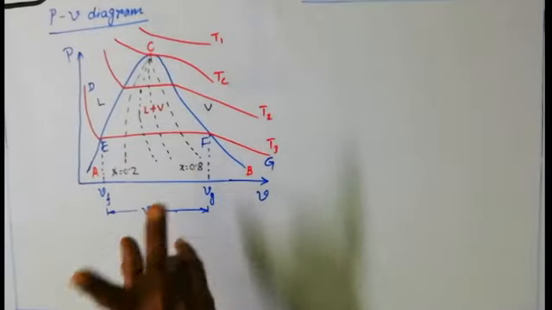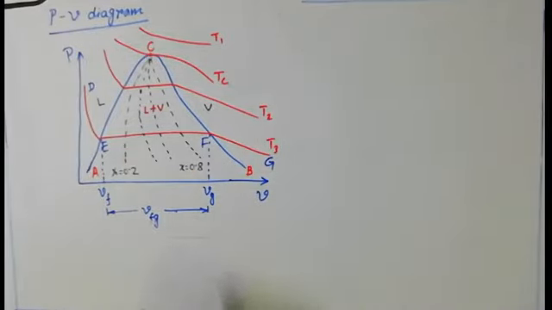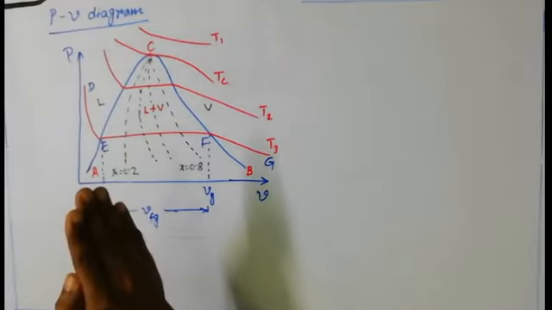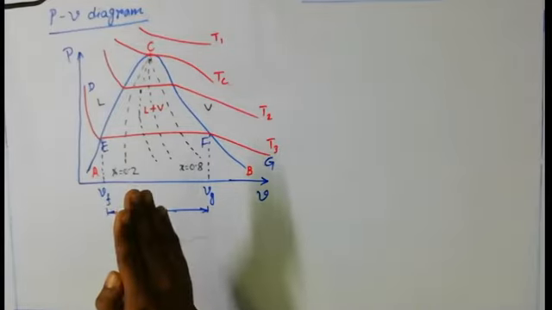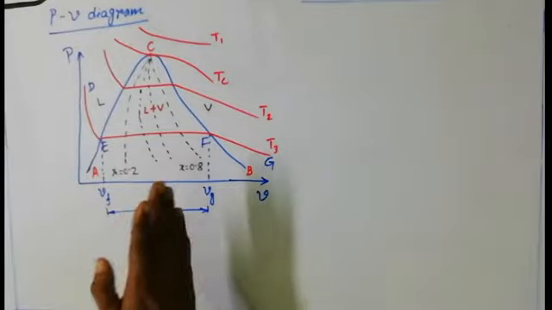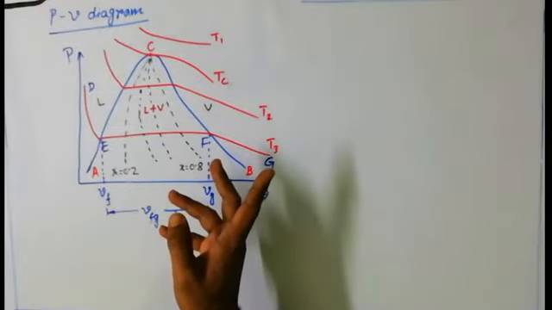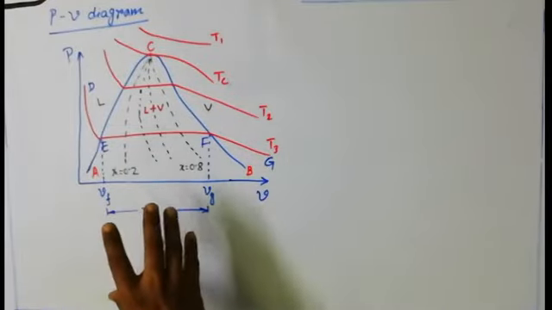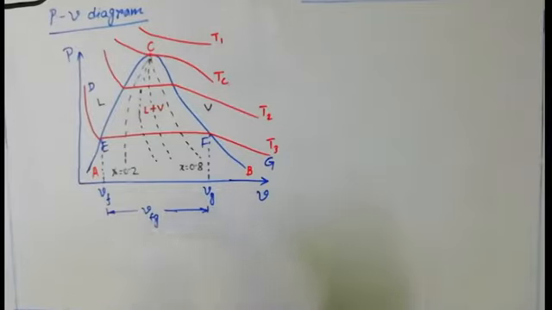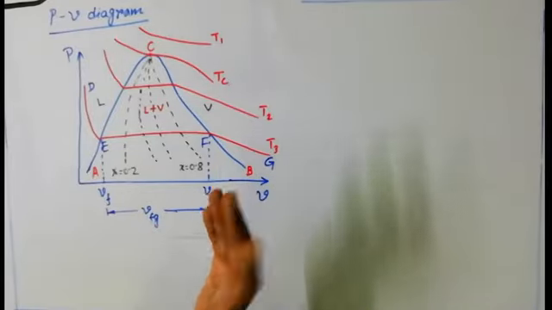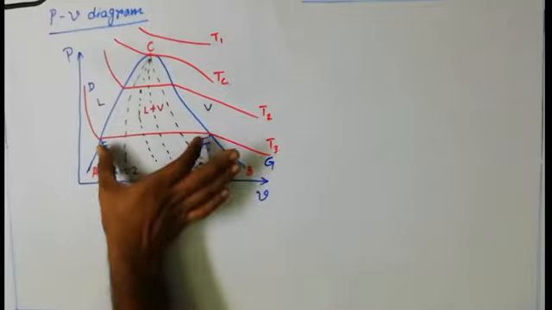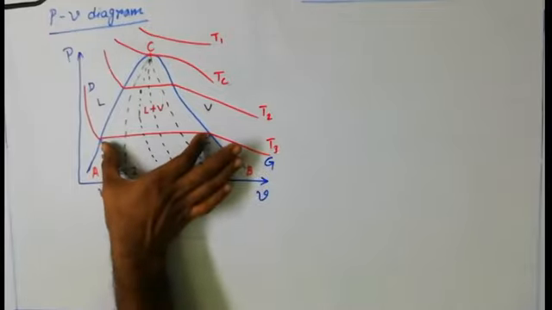That heating is known as sensible heating. Then from 100 degrees the temperature will remain constant, the pressure will remain constant, and the phase transformation occurs. That means the total volume of liquid will be converted into steam or vapor, and that occurs in this region.